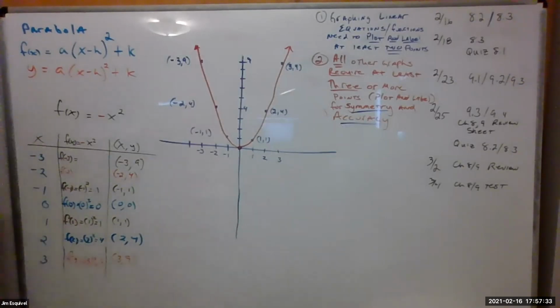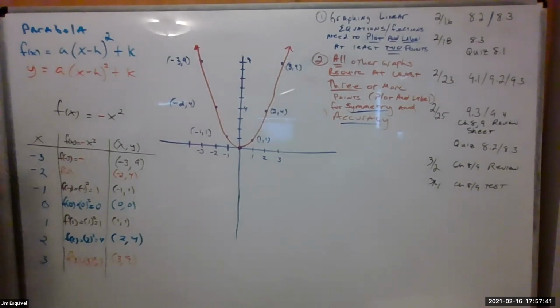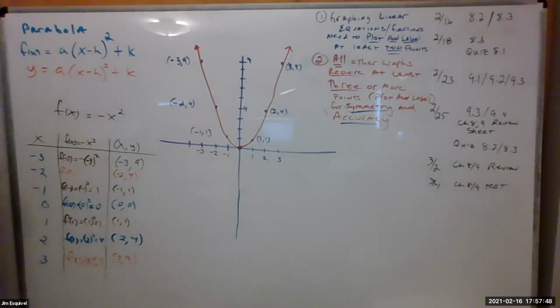So when we substitute -3 into the function, it looks exactly like this. You have the negative on the outside, and then you have parentheses, -3 squared.